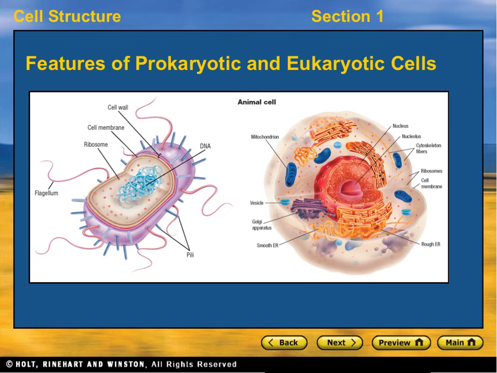Over here, we can see that we have a nucleus, we have a cytoskeleton, we have a cell membrane, just like on the other cell. We have something called smooth and rough ER, we have vesicles and mitochondrion. So this one over here has a lot more stuff than this one over here. And we're going to talk about the differences between the two and why they are what they are.